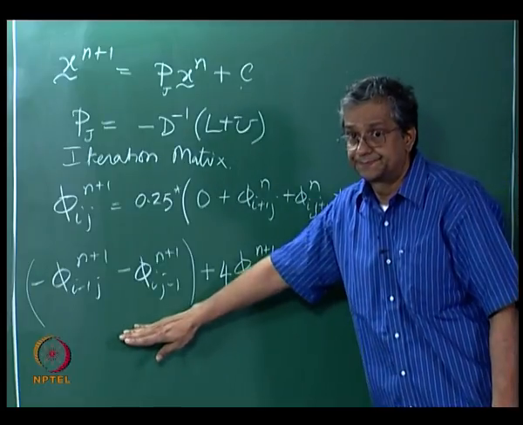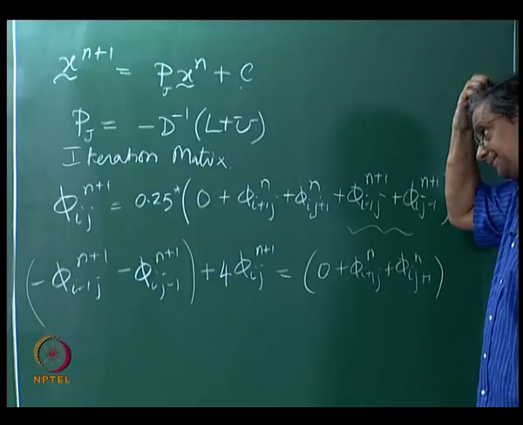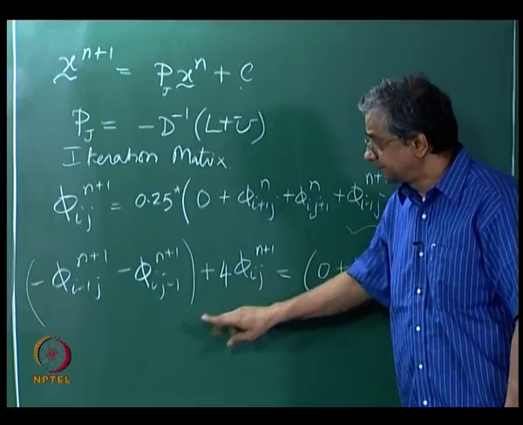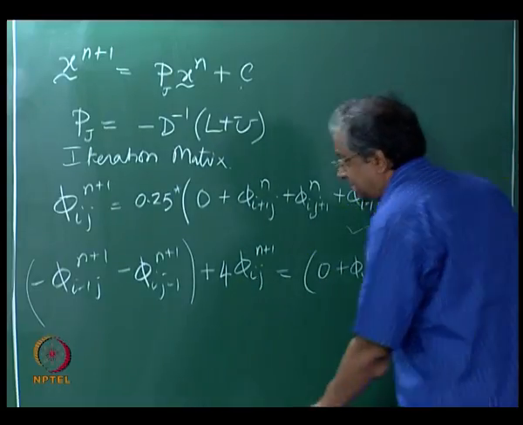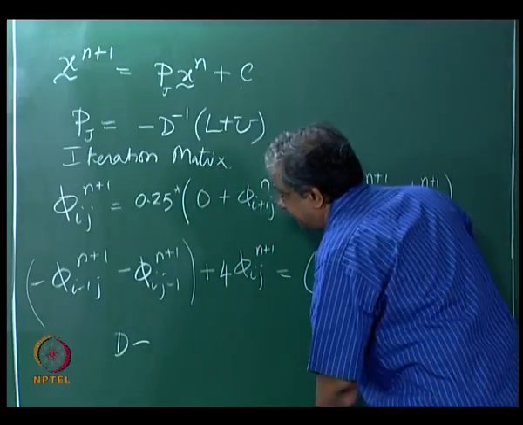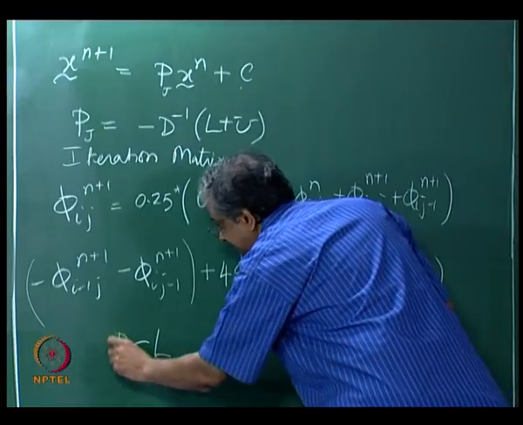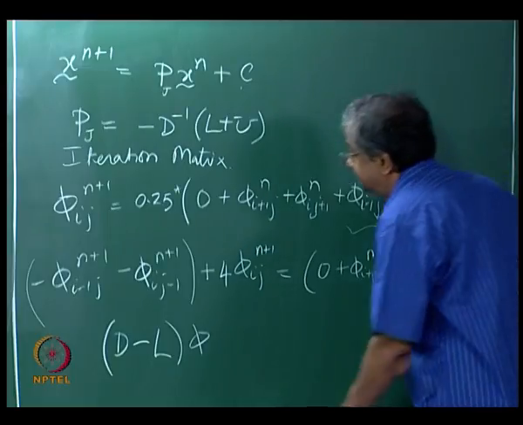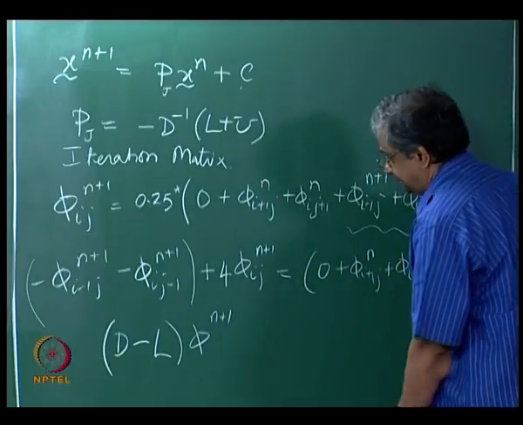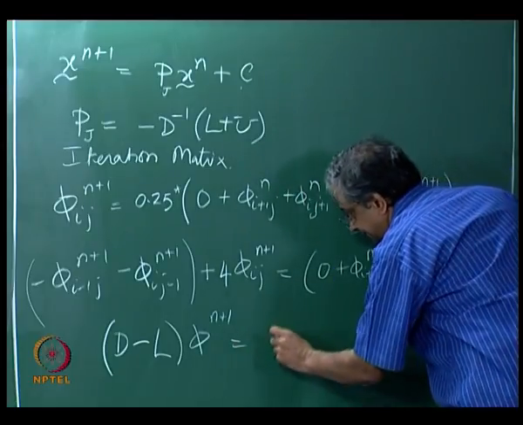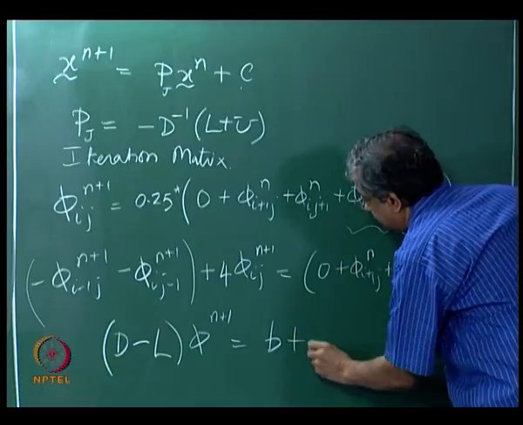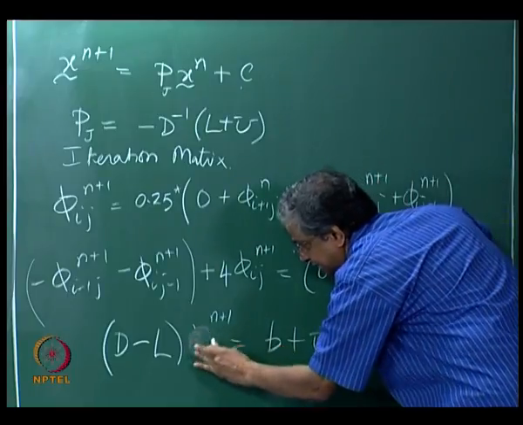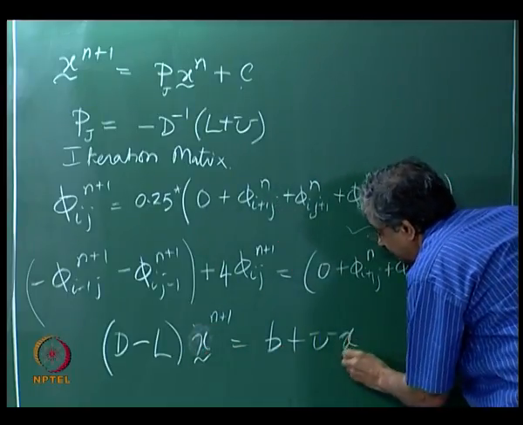What is this? This is the diagonal term, this is D, this is L. So this is D minus L into phi at n plus 1 equals B plus U times, I am using x tilde, U times xn.